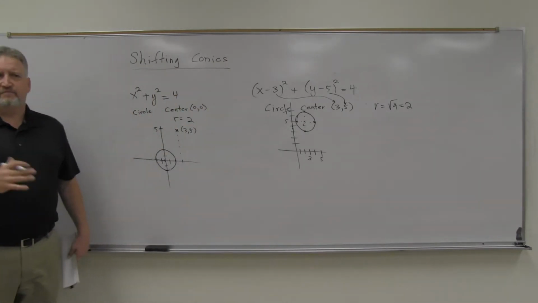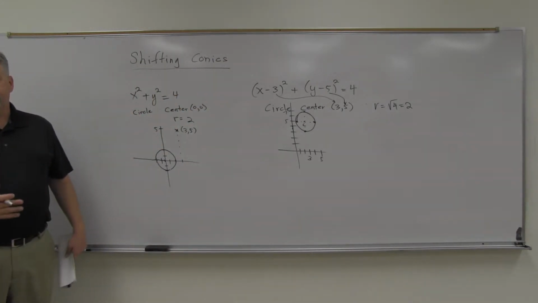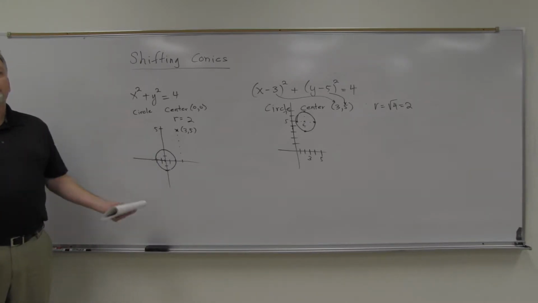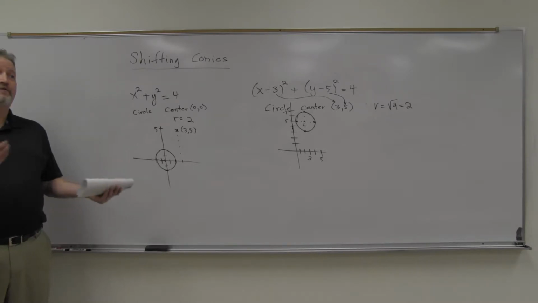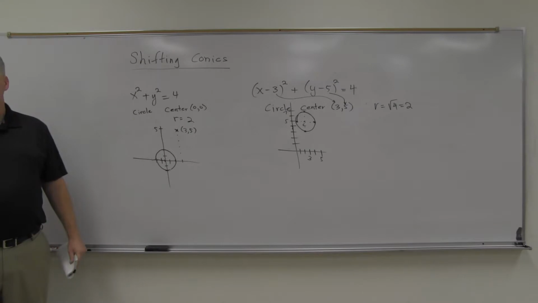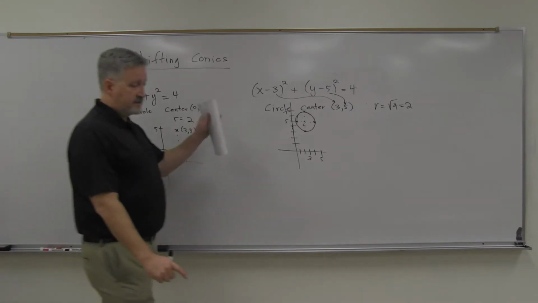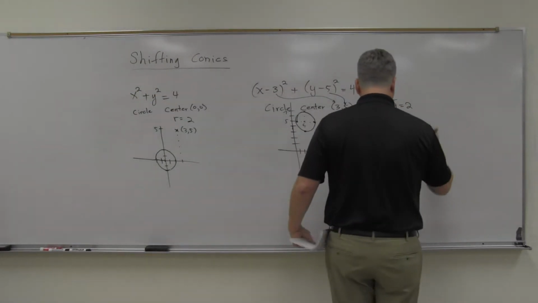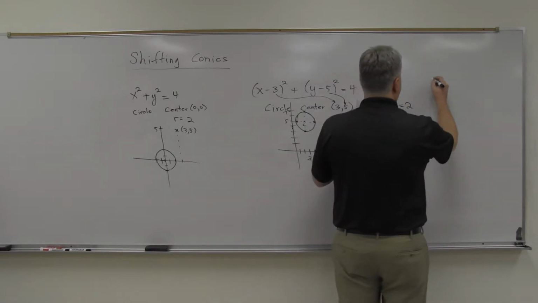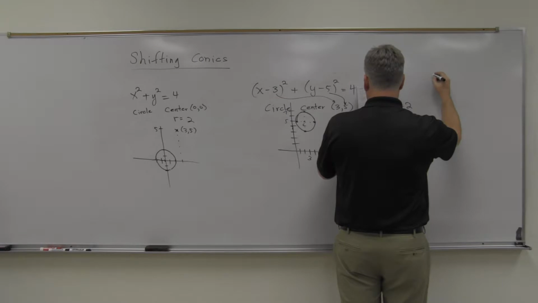So we used H and K before with the parabolas. For parabolas, the HK is the vertex. Well, for circles and ellipses and hyperbolas, the HK is the center. So, in general, here's the standard form, we might call it, of a circle.